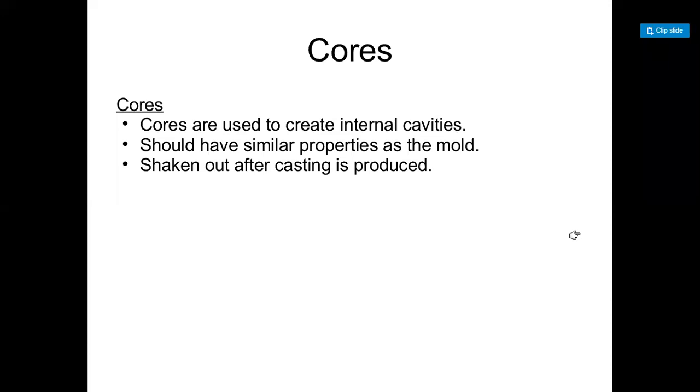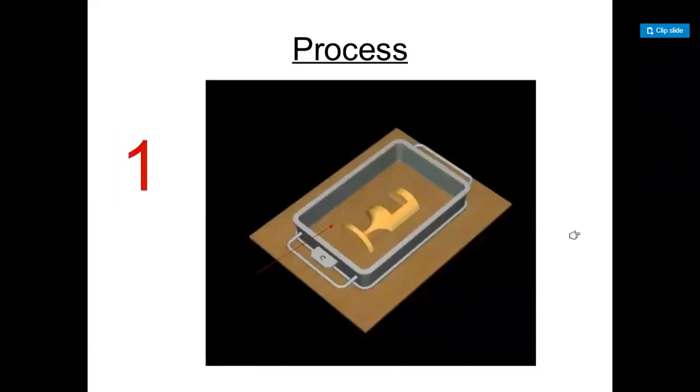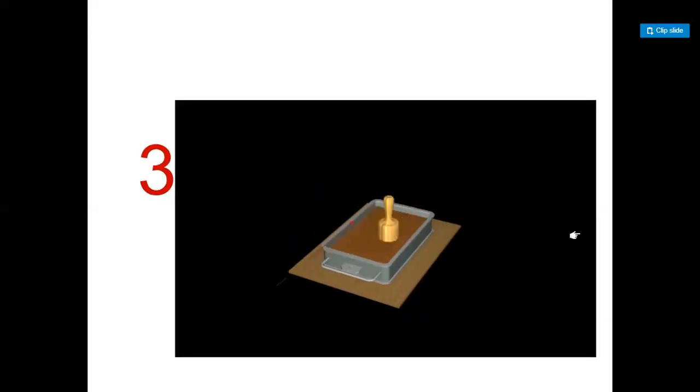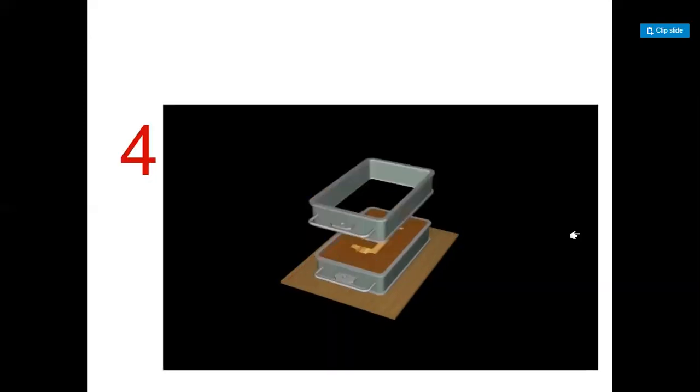So that is the casting process. He is explaining step by step. He fills sand in the drag box and rams the sand, and another box is placed on that box.